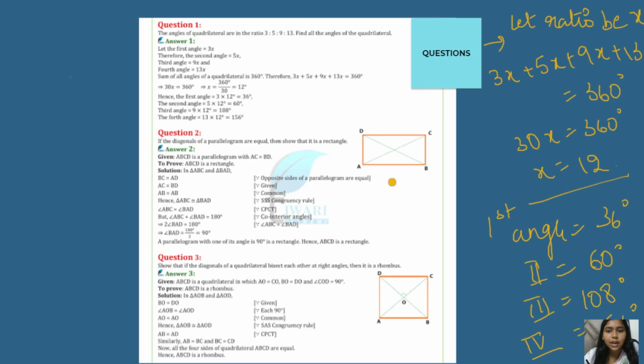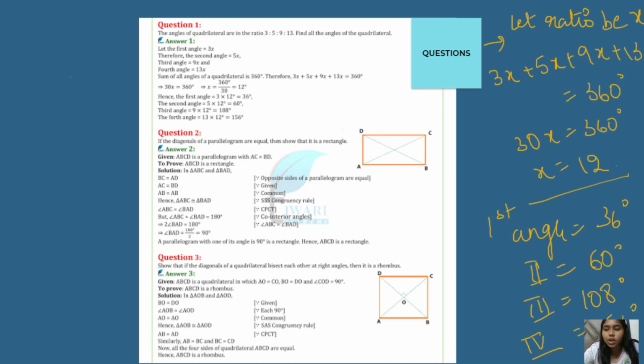Okay, so for that, first of all, in triangle ABC, this is the given triangle ABC and this is the triangle BAD. In this particular triangle, BC is equal to AD because it is a parallelogram. In a parallelogram, opposite sides are equal. And the diagonals are also equal, and we can also say that AB is equal to AB because it is common.